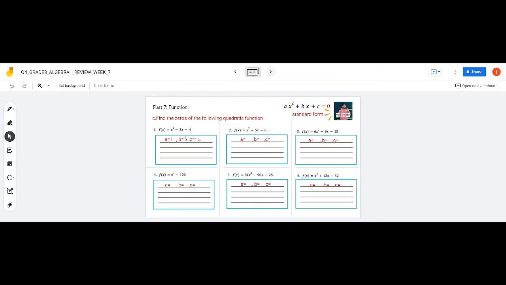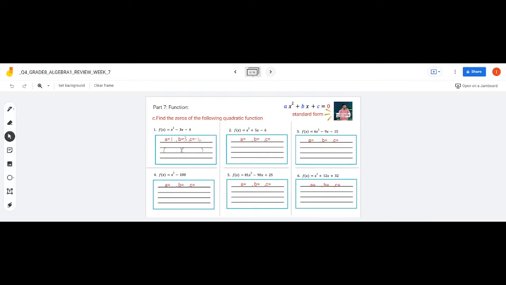Right, and now you can take out your calculator and use mode, and then equation, and then number 3, and then you put in your a, your b, and your c.